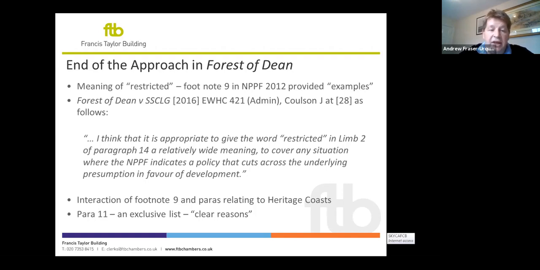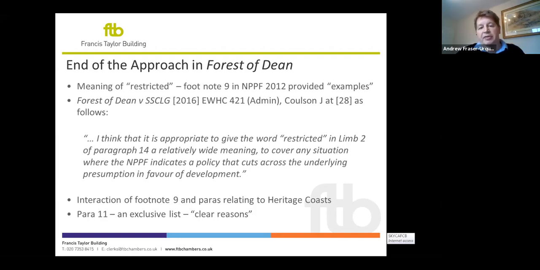And importantly, one of the examples was heritage coasts, a fairly narrow subject area, but nevertheless heritage coasts were specifically referred to as one of the examples.